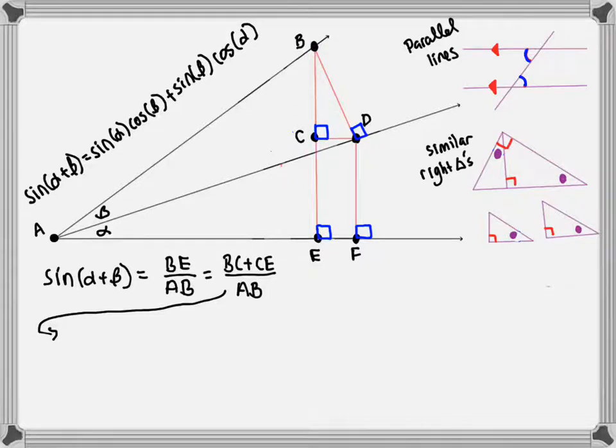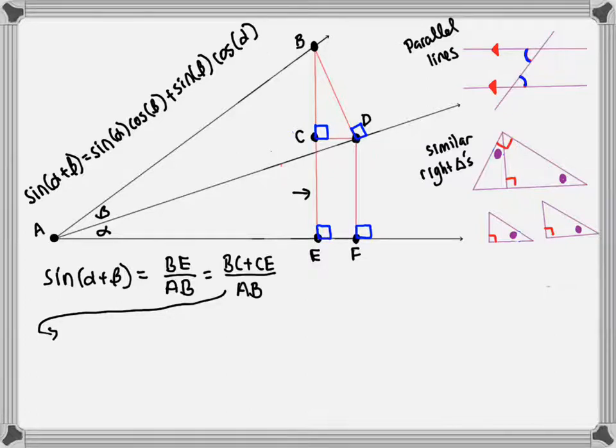Next, I'm going to take CE, which is right here, and I'll show you real quick that this is a rectangle, okay? By definition, we've got all 90-degree angles, so that's going to be a rectangle.